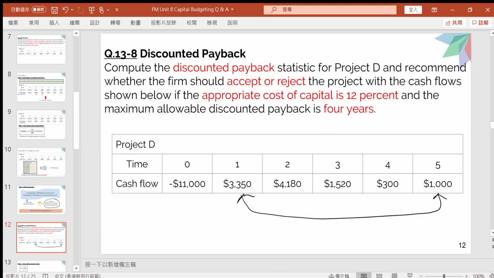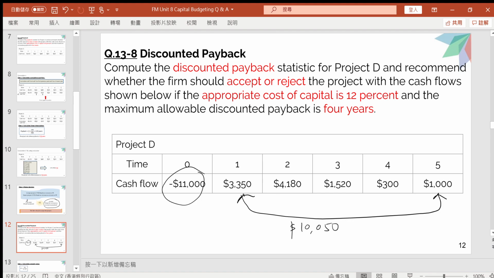If we add up this 5-year total cash inflow, the total amount is just 10,050 only, which is less than these figures. Even if it hasn't been discounted, still less than the original outflow of the cash investment, right?